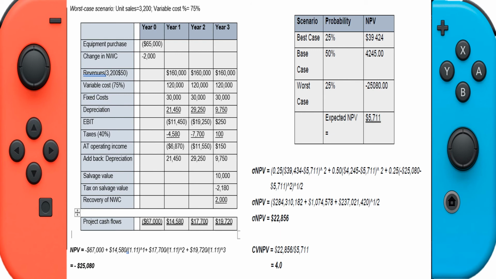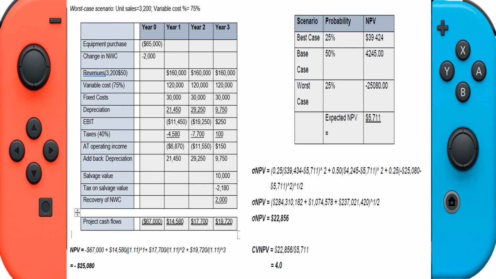While for the worst case scenario, considering that the unit sales is 3,200 with 75% variable cost and other variables remain unchanged, an approximate project cash flow would be 14,580, 17,700, and 19,720 for years 1, 2, and 3 accordingly. Therefore, the net present value for the worst case scenario is negative $25,080.